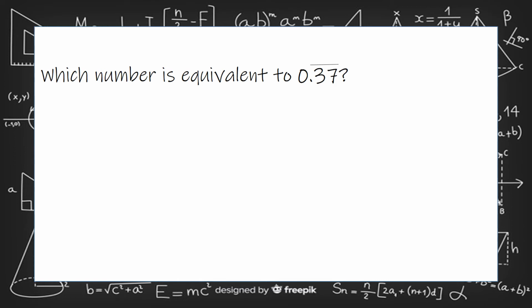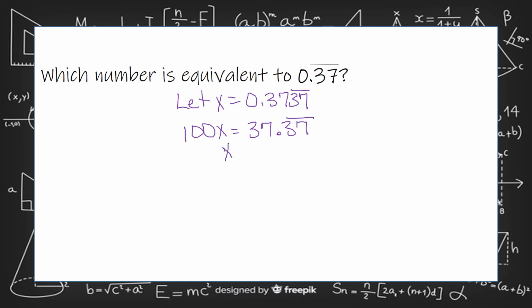Which number is equivalent to 37 hundredths repeating? So we're going to let x be 0.37 repeating. And we're going to let 100x be 100 times this, 37.37 repeating. Now we're going to subtract those because we want to get rid of that repeating part.